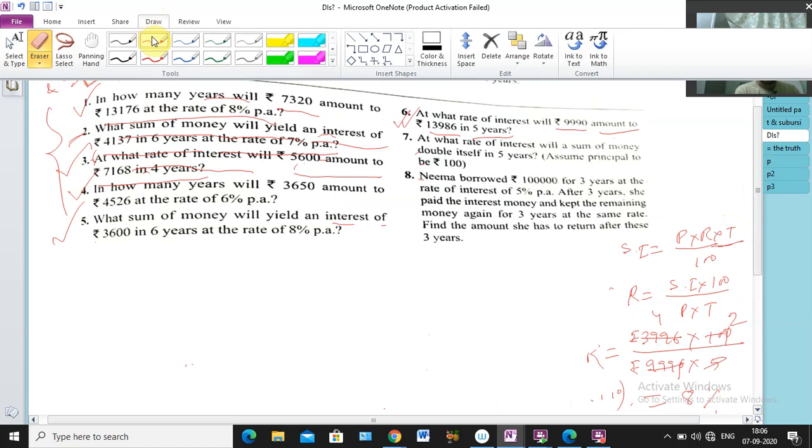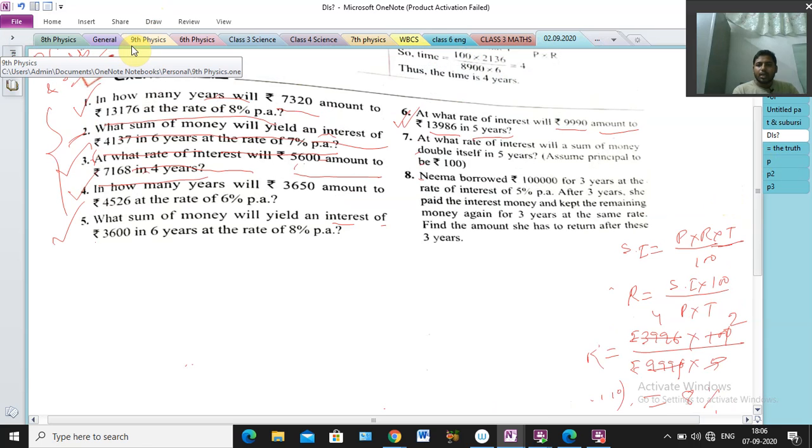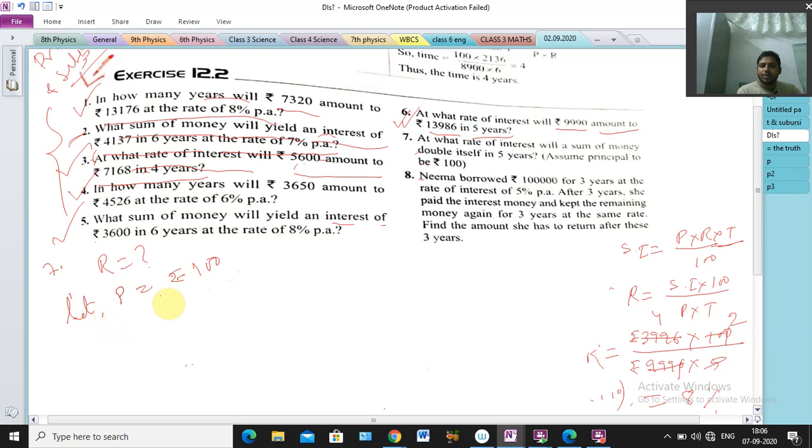Clear or not? And so write it here, question number 7. We find out R. Next, sum of money not given, so assume principal to ₹100. Because the principal not given, so principal equal to how much, sir? Let principal equal to 100 rupees.